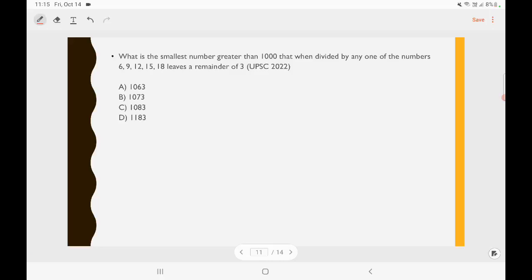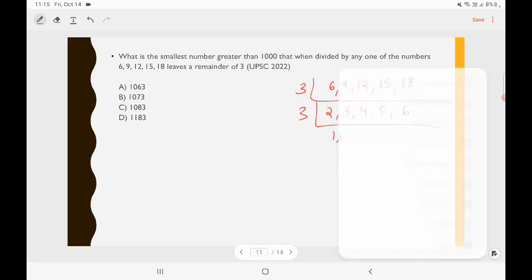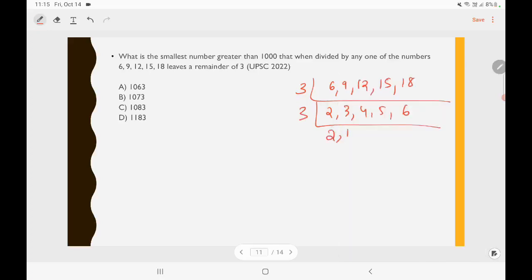So first here you need to find out the LCM. That means LCM of 6, 9, 12, 15 and 18. So if you divide by 3, you will get 2, 3, 4, 5 and 6. Again I am taking 3, it will become 2, 1, 4, 5 and 2.